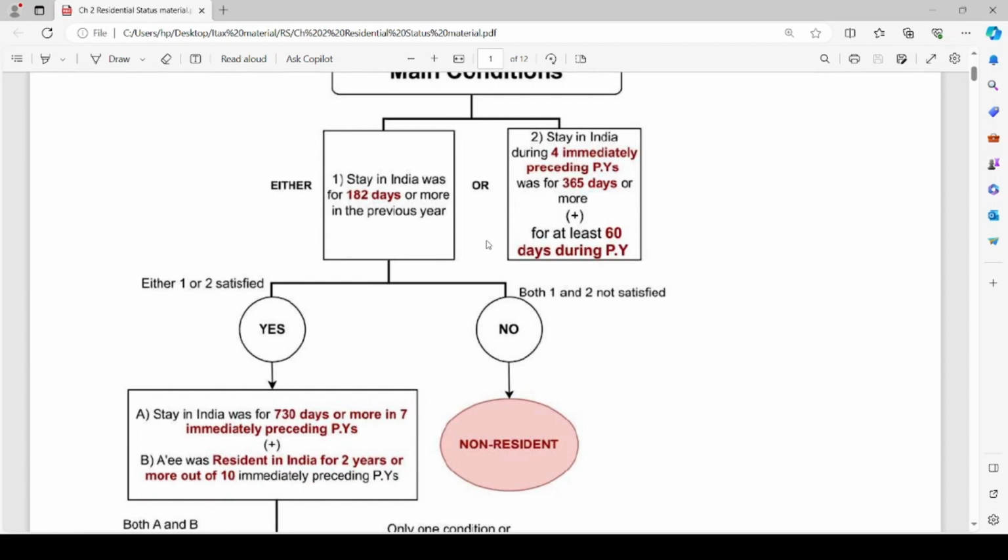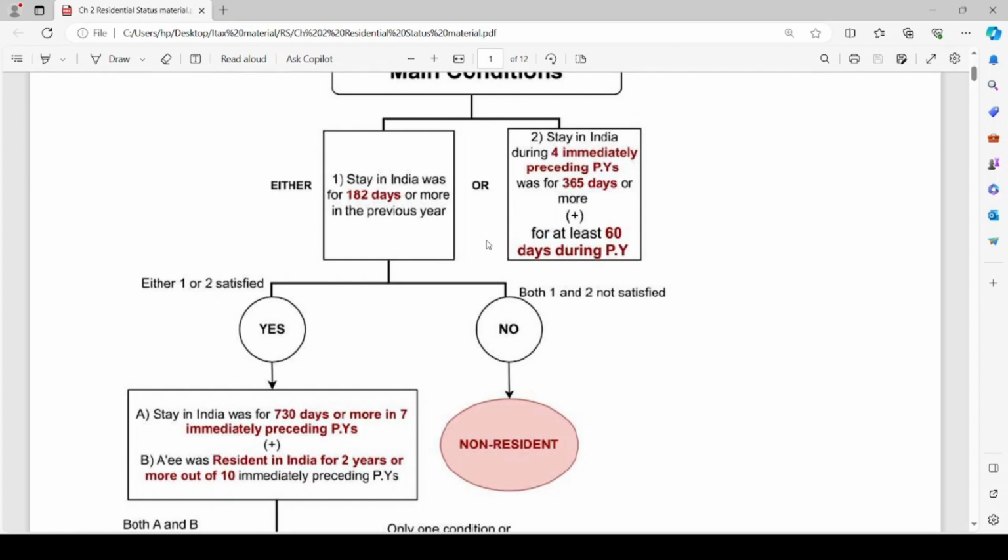If either of the conditions 1 and 2 are not satisfied by the individual, that is his stay in India was for less than 182 days in the previous year and at the same time for less than 60 days during the previous year, or his stay in India during the 4 immediately preceding previous years was less than 365 days, in such a case, when the conditions are not satisfied, the person is considered to be non-resident for tax assessment purpose.